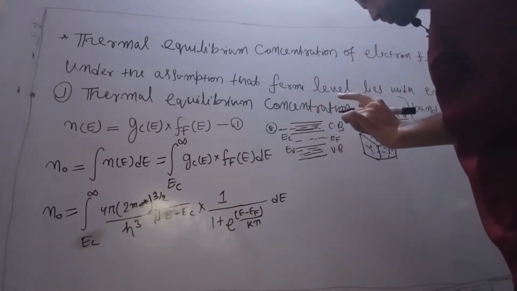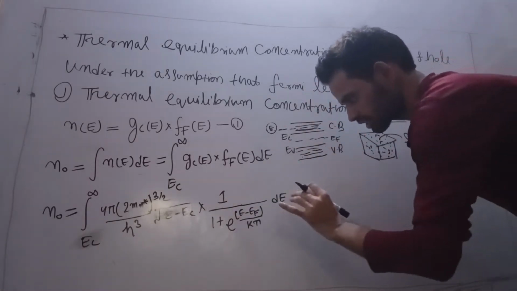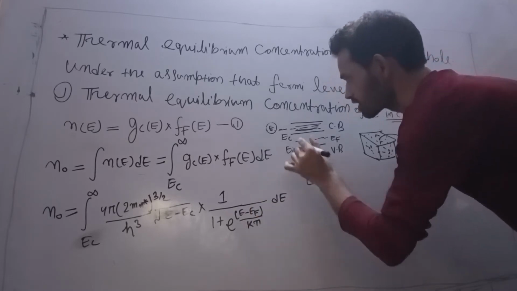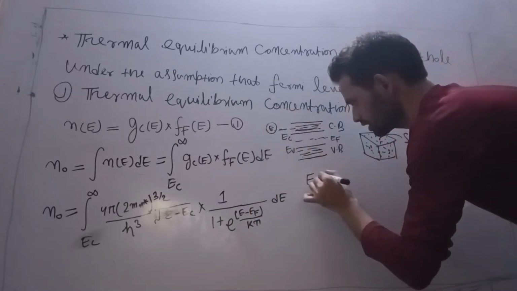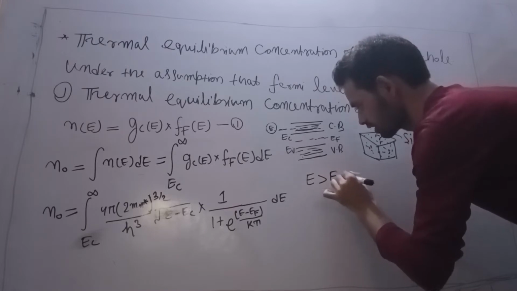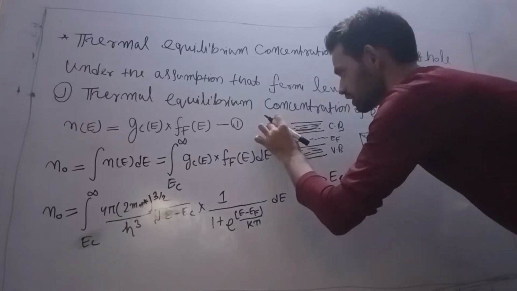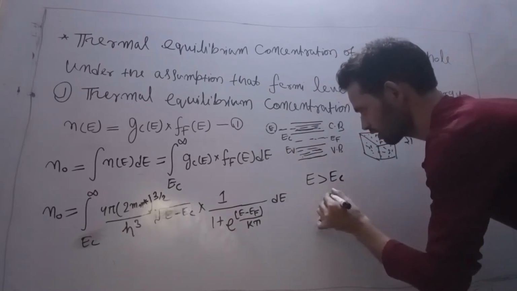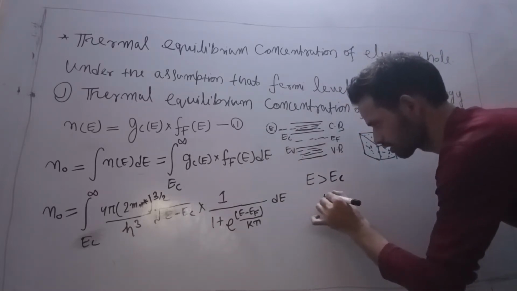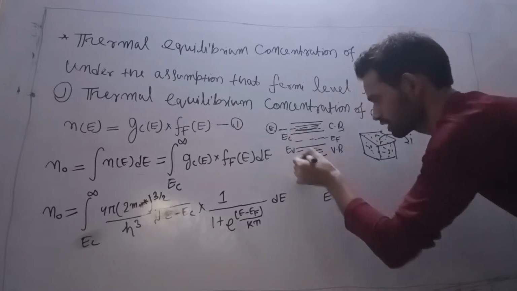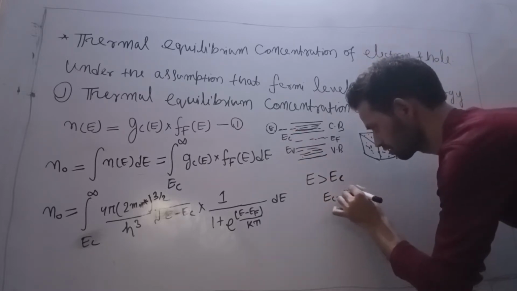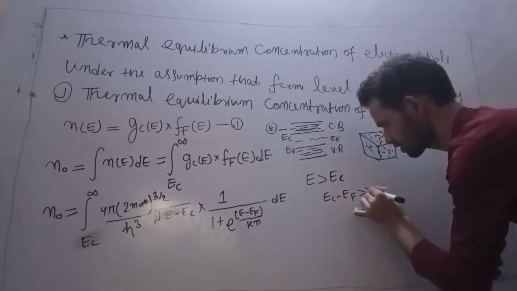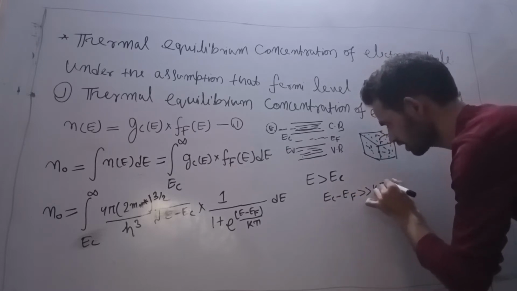First, let us assume that this energy level E is greater than EC. Yes or no? Then, let us take the assumption that EC minus EF is much greater than KT.